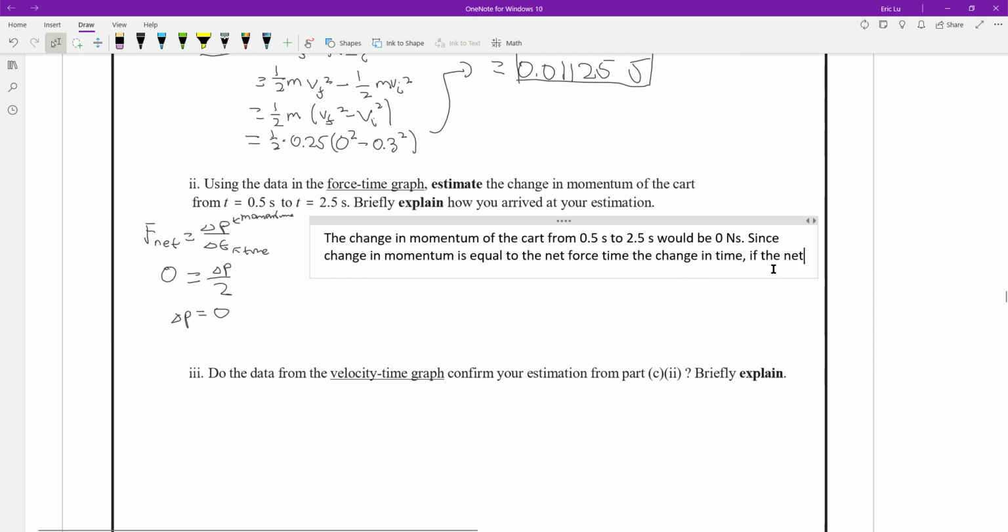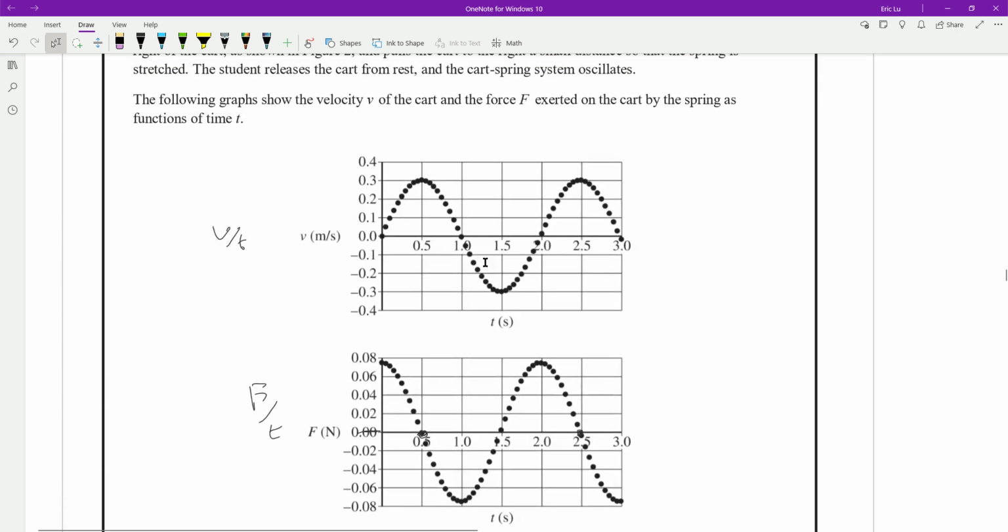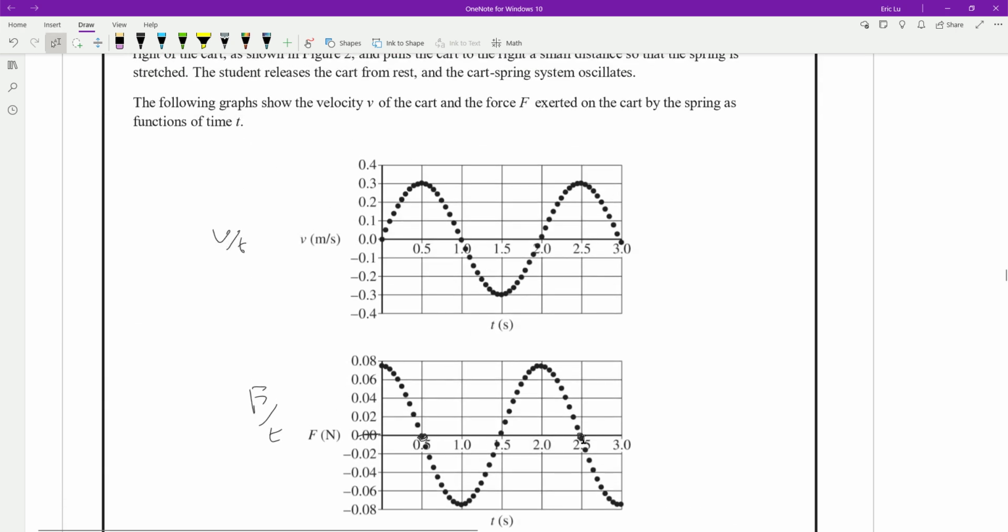If the net force is equal to 0, then the change in momentum is equal to 0. Did I say that right? Is net force 0?